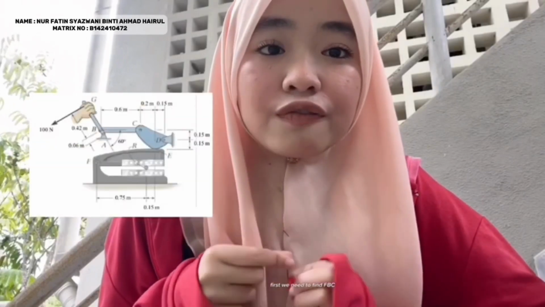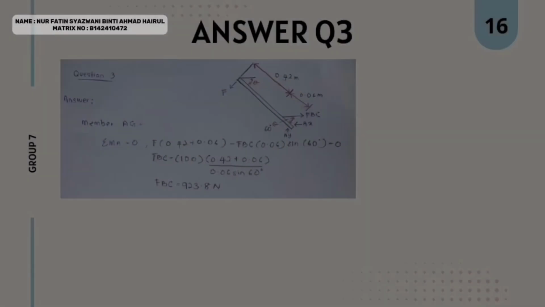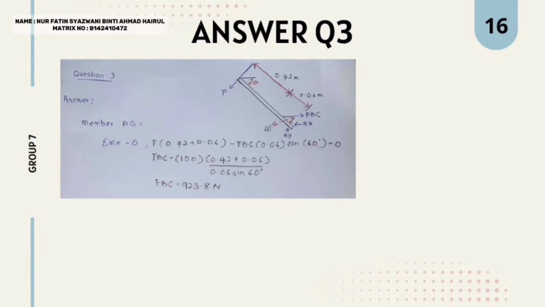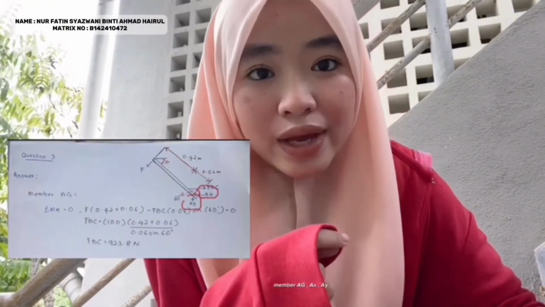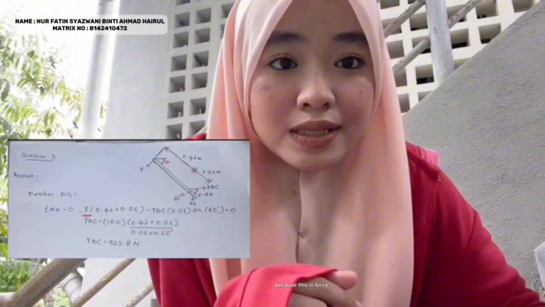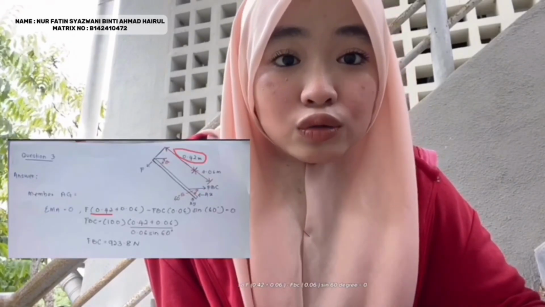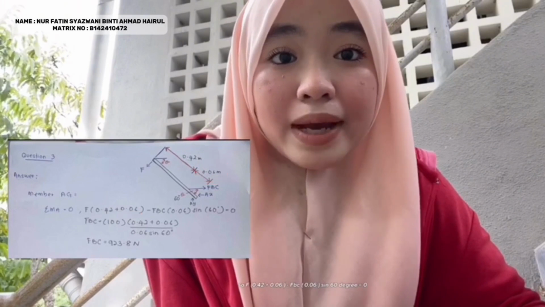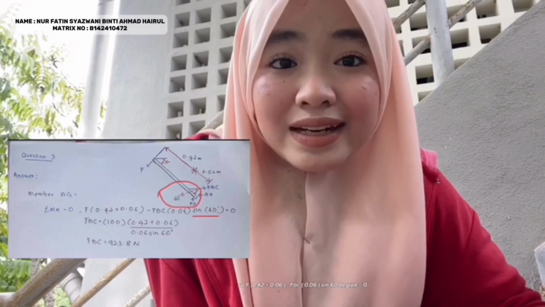First, we need to find FBC. This part is member AG, with Ax and Ay. I draw the FBD to show you. Now you see, it is easy to find FBC. For member AG, the solution is the moment about A, because this is the force. F multiplied by 0.42 plus 0.06, minus FBC multiplied by 0.06 sine 16 degrees, equal to 0.